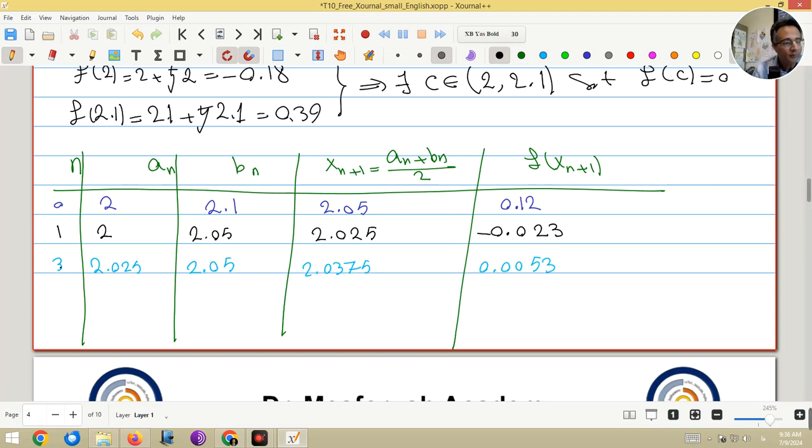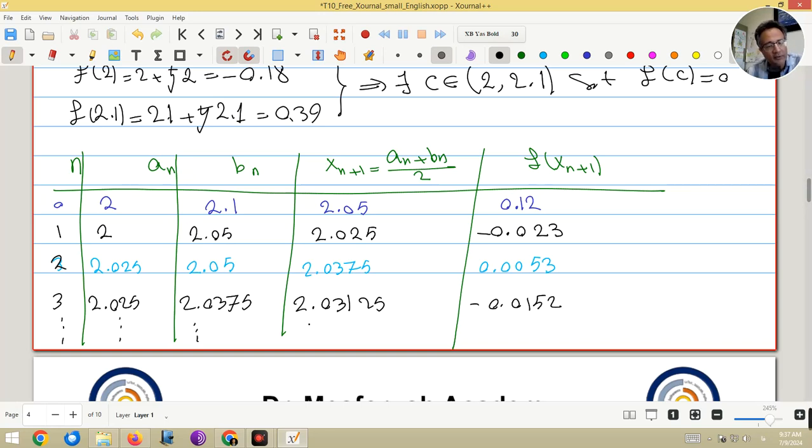So this is the second iteration. In the third iteration, I will have 2.025, and we put instead of this one 2.0375, and the middle is 2.03125, and the value is -0.0152, and we continue in the same manner until we get the desired result.